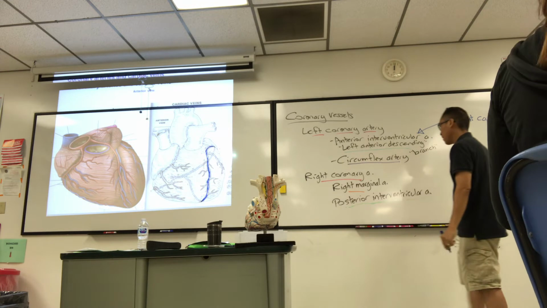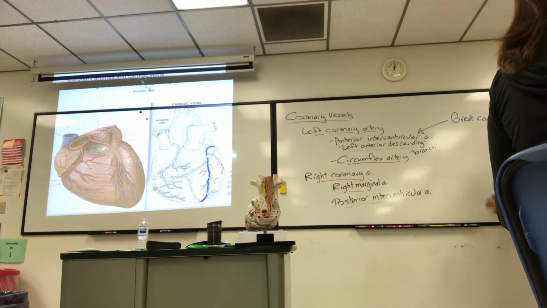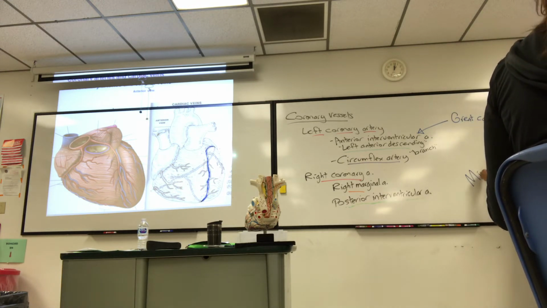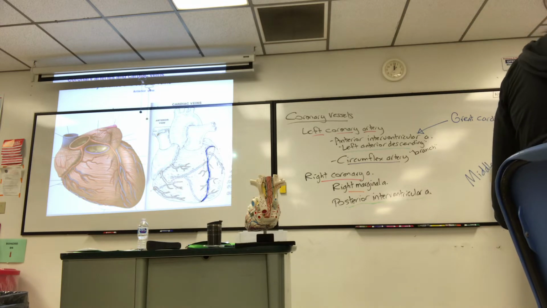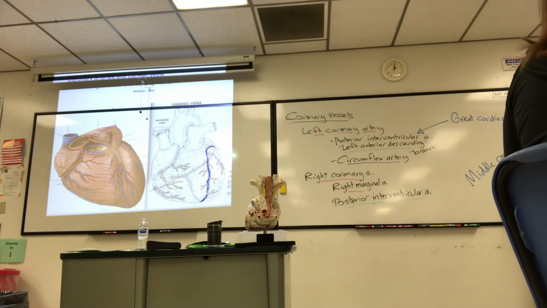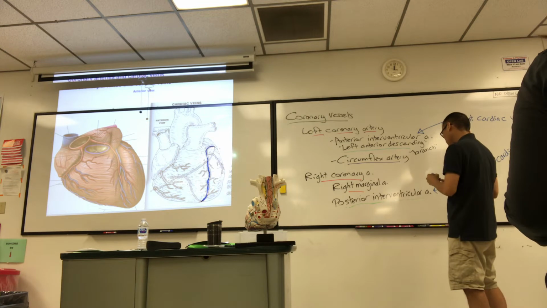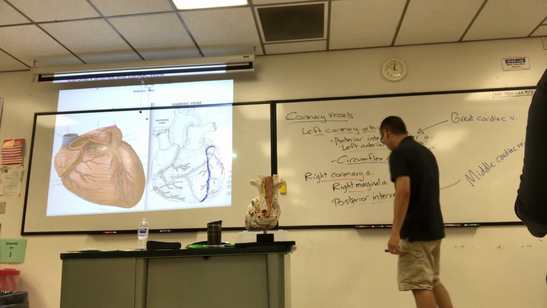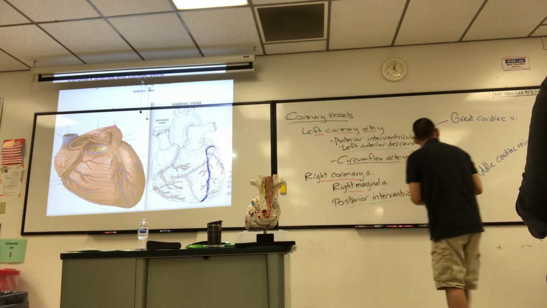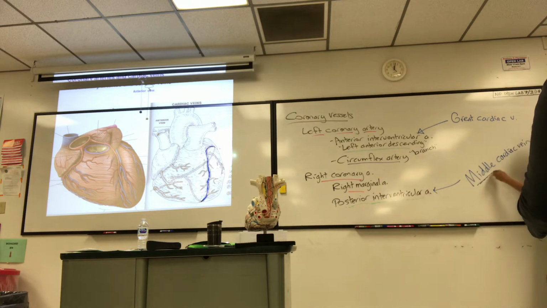Middle cardiac vein runs with this one down here. Middle cardiac vein runs with the posterior interventricular artery. I should probably use a different color. How about purple? So it's the middle cardiac vein.